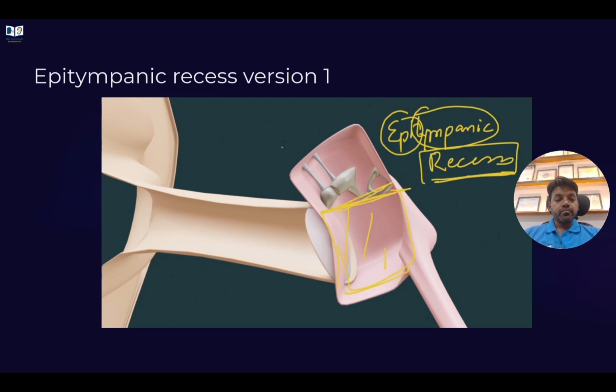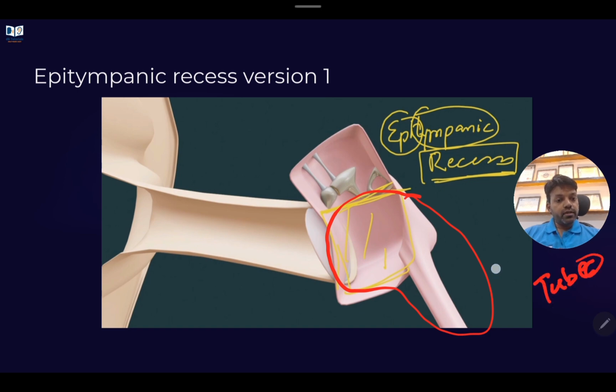So previously, the embryology of this part was called tubotympanic. Please don't get confused with the two terms. One is tubotympanic; now the extension of that tubotympanic is called the epitympanic recess. This is above the tubotympanic.